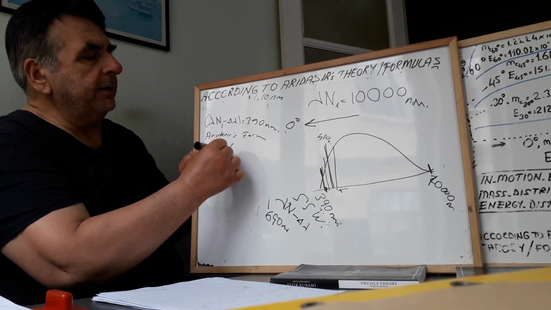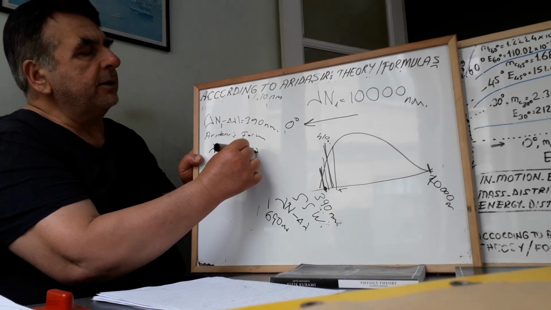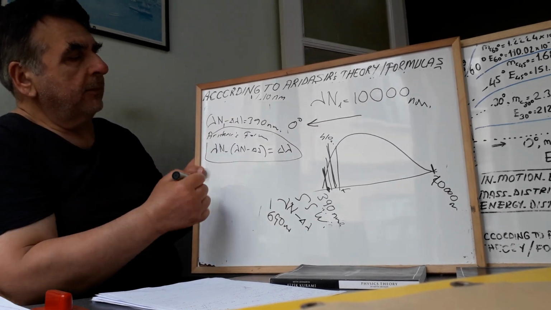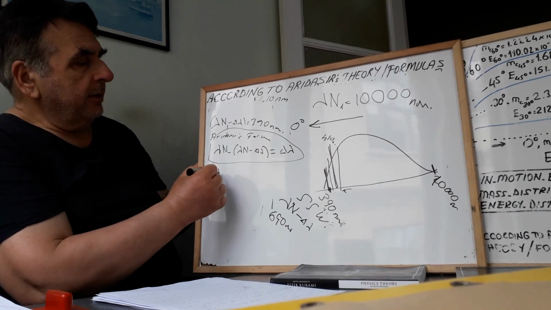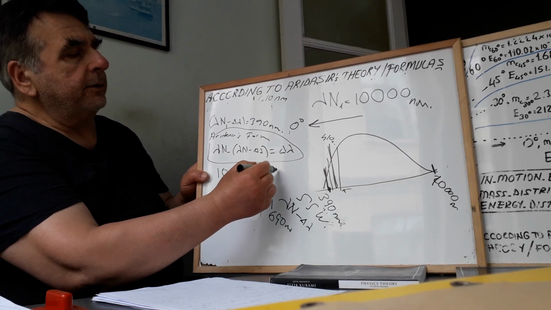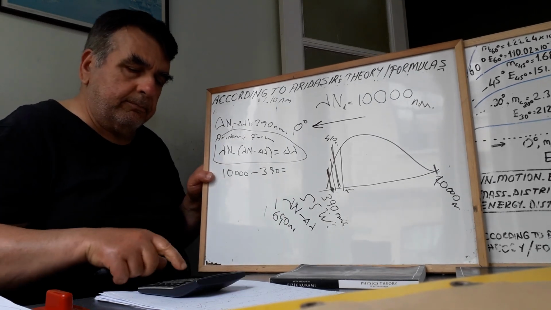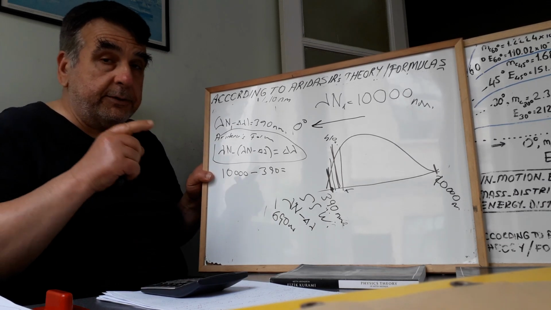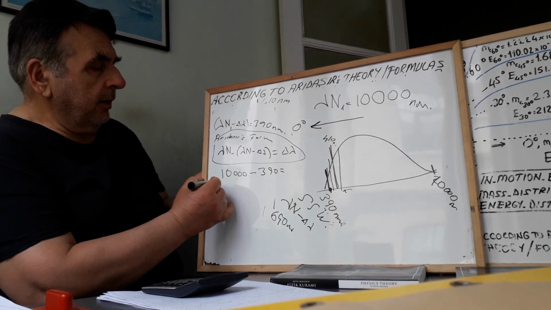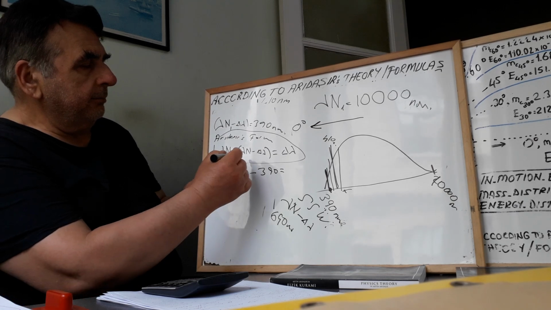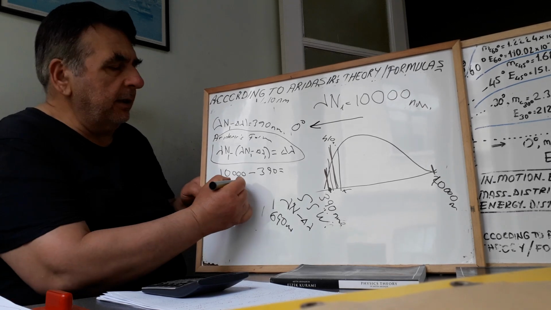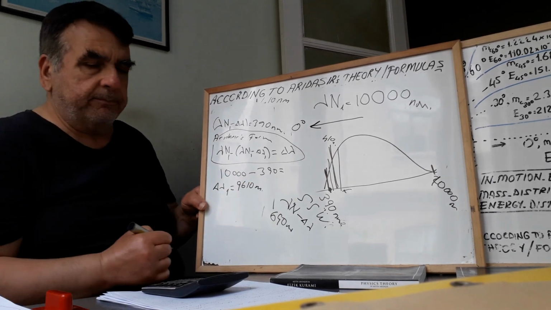This is my formula. Lambda normal minus delta lambda is equal to delta lambda. From here, 10,000 minus 390 is equal to 10,000 minus, this is so important, minus this, delta lambda 1 is equal to 9,610 nanometer.